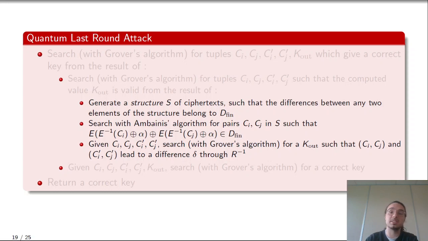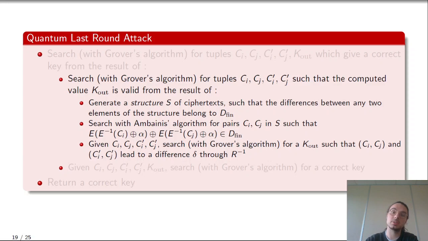But clearly not every pair will lead to a k_out that makes sense. So we will search between the pairs for having only pairs that make a correct k_out. Then we can search for the rest of the key, but not every pair leads to that.